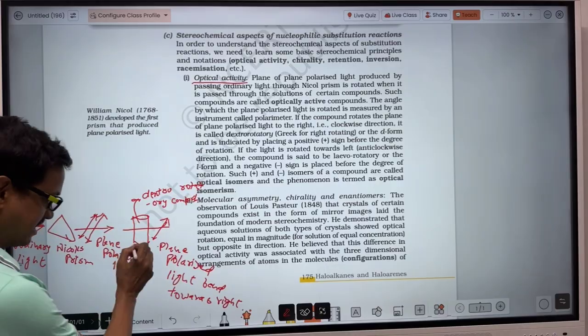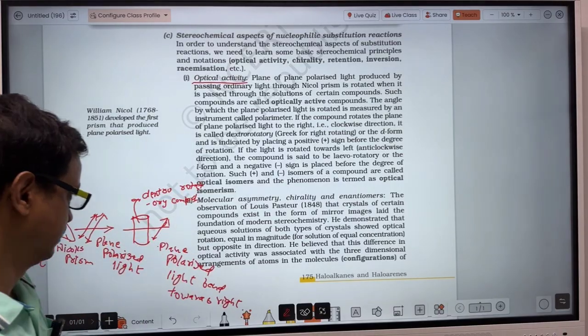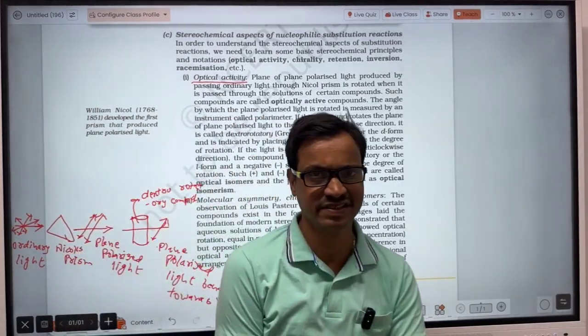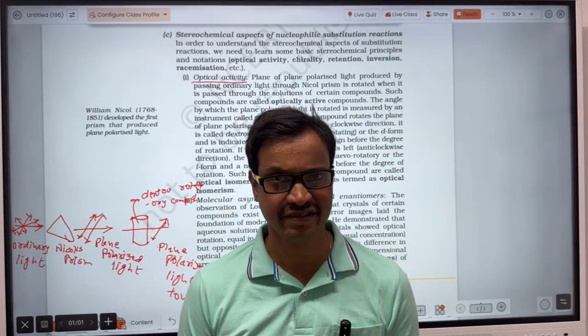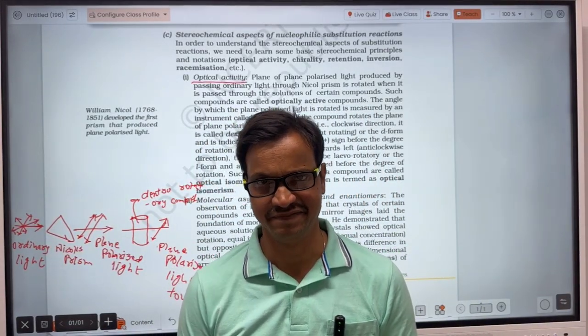Okay, there is a substance in this container and that here is a dextro-rotatory compound, meaning this substance rotates the plane polarized light towards right.